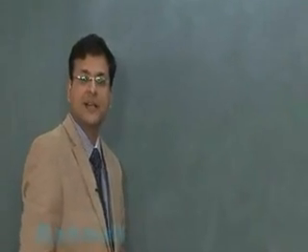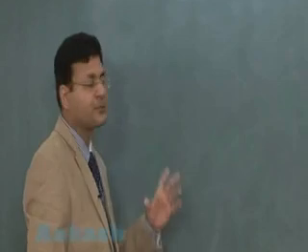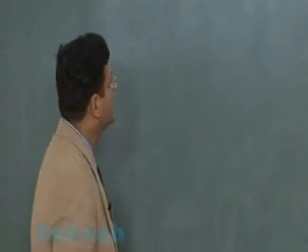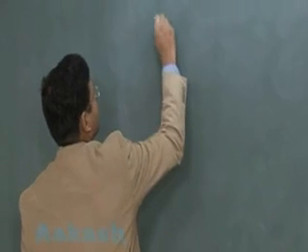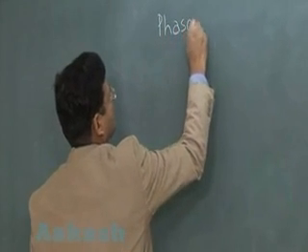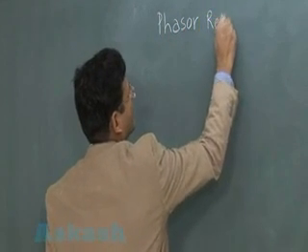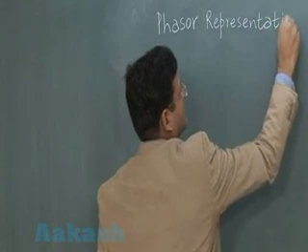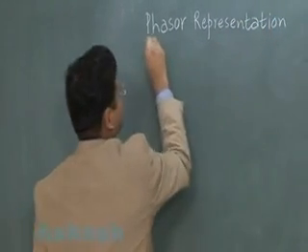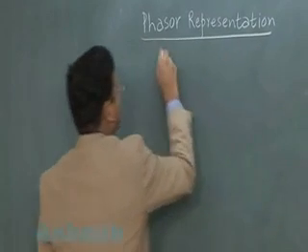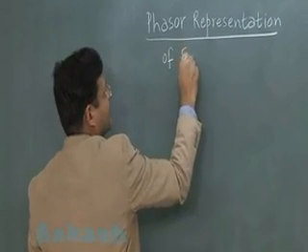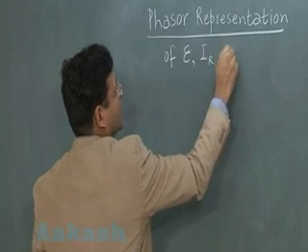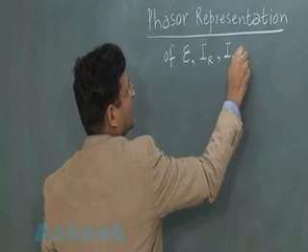There can be a vector way of representing everything in terms of phase, then phasor representation of EMF, current through resistor, current through inductor, and current through capacitor.